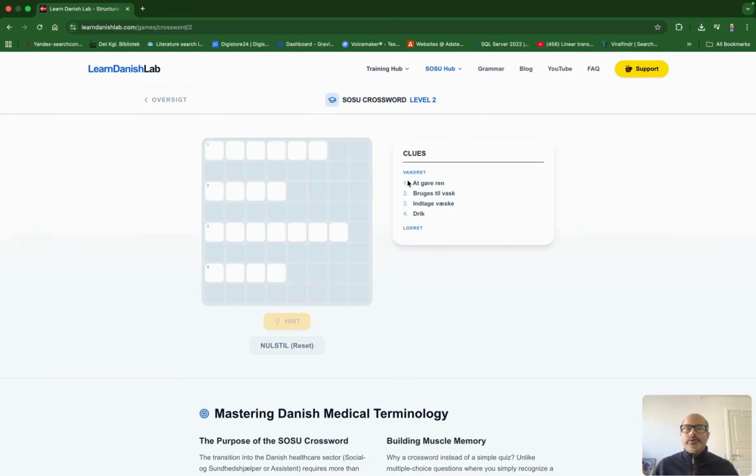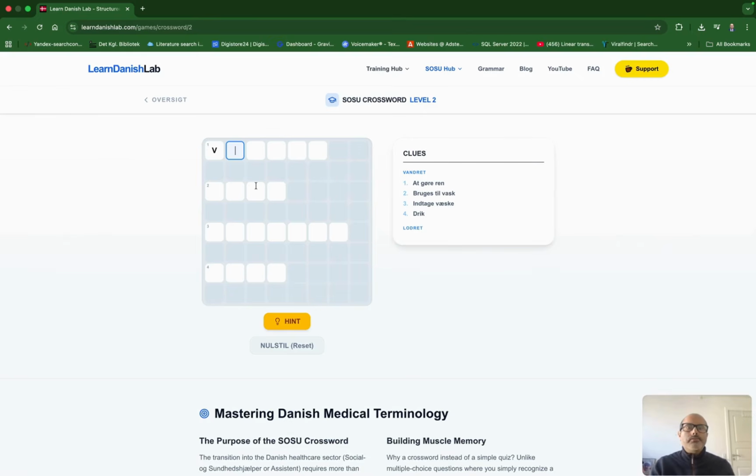So number one, it has only left to right. For the beginning level, I designed it in such a way that you can easily practice. In the first option we have at rense. What do we do in the context of the care home scenario? If you are stuck and you don't have any idea, then you can click the hint option here.